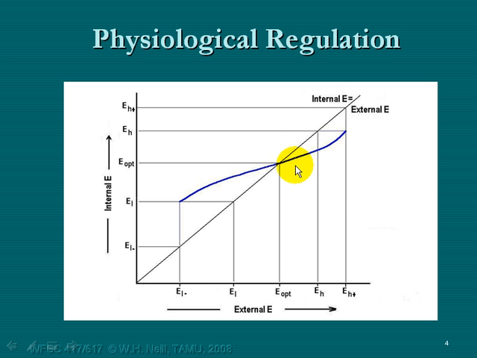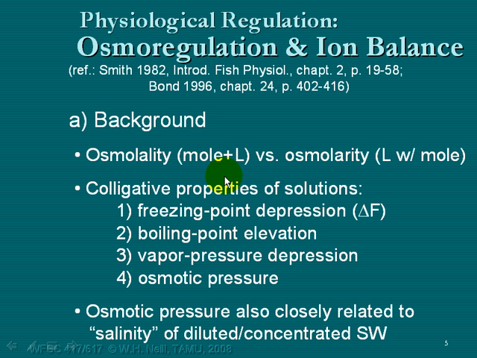In the case of fishes, if we want to see a good case of regulation of internal environment, then probably the first place to focus is on salt and water balance, because most fishes are good osmoregulators and ion regulators.